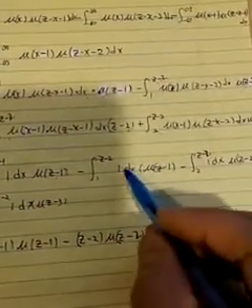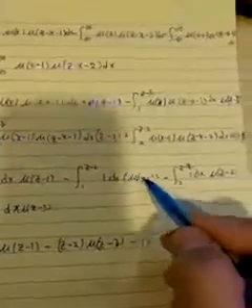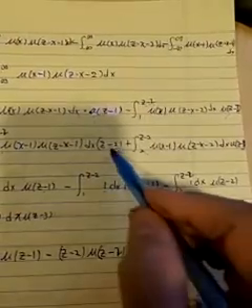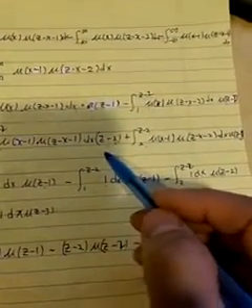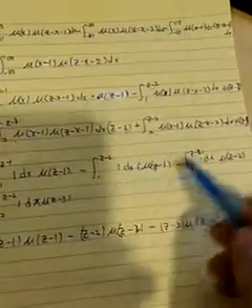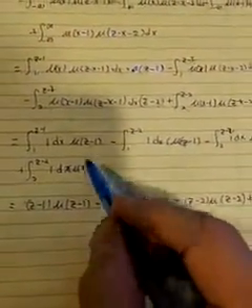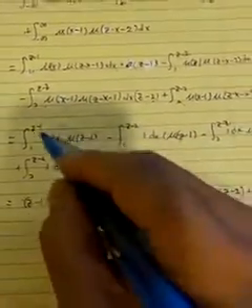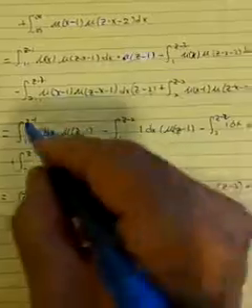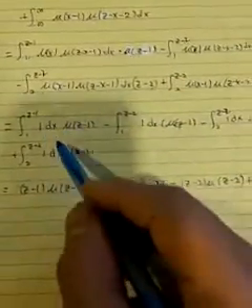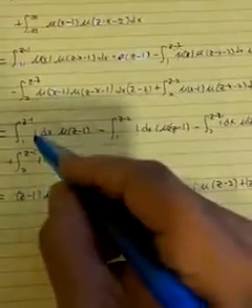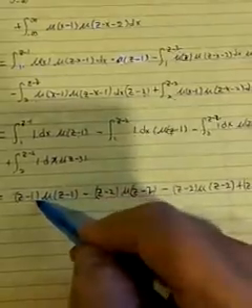The second one has dx, then the third one, and then the fourth one. We finish opening and then integrate. z minus 1 is here, here is 1 so we don't care.